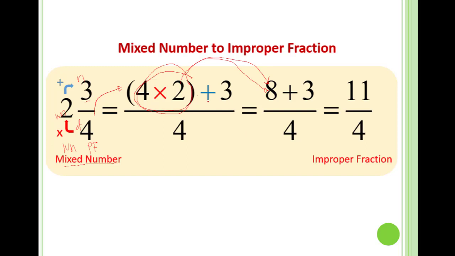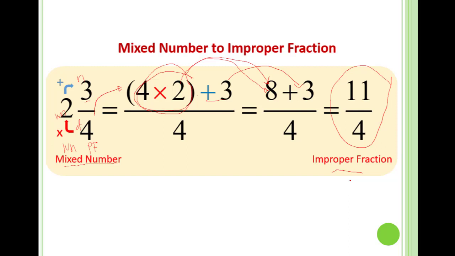And proceed by plus 3 over 4, which is 8 plus 3 is equal to 11 over 4.